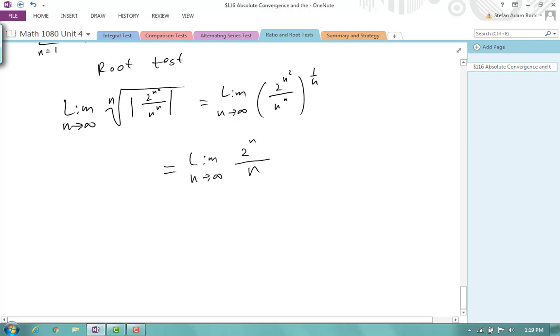But as n goes to infinity, I actually know what this does. But just so that we're sure, I can translate this into the limit as x goes to infinity of 2 to the x over x, which is equal to, from L'Hopital's rule, the limit as x goes to infinity of 2 to the x natural log of 2 divided by 1, which is infinite. Well, infinity is a heck of a lot bigger than 1, so this diverges by the root test.